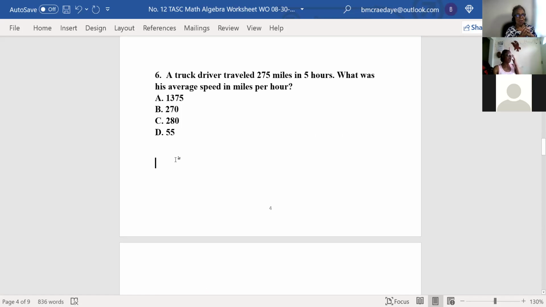Distance is rate times time. Then rate would be what? Distance over time. Distance equals rate times t. So rate would be equal to distance divided by t. Okay, so what would be the answer and how did you solve it?